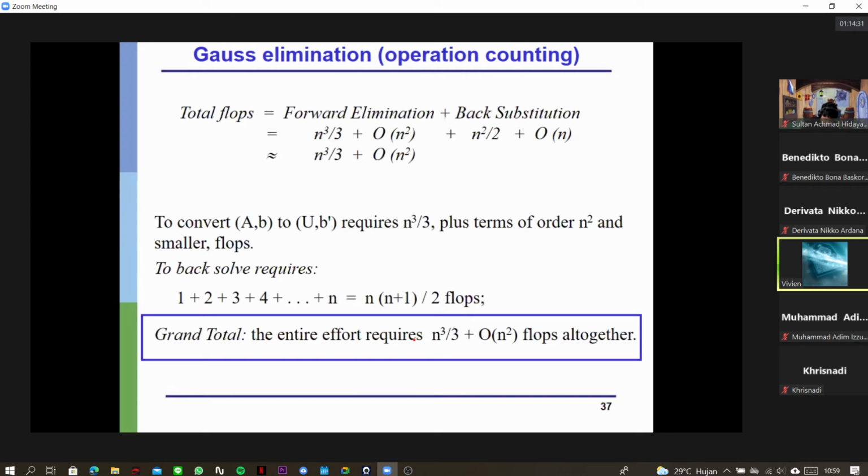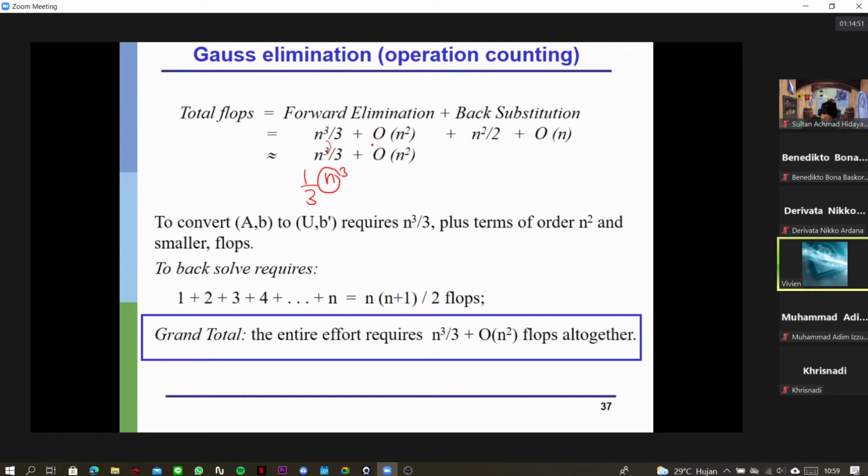So the total flops needed, with the forward elimination stage and the backward substitution stage, will be roughly about 1/3 of n to the power of 3, in which n is the number of equations.